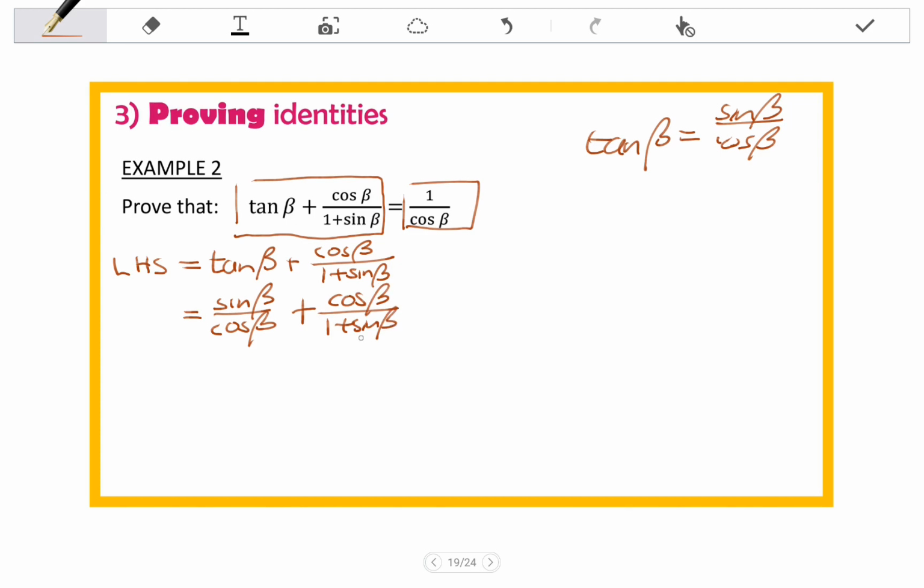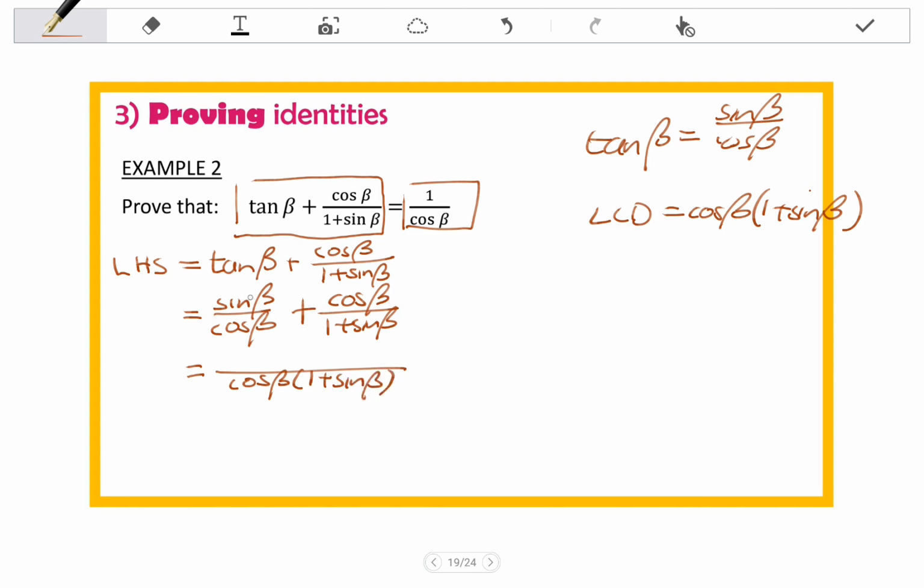Now I have a fraction plus a fraction. I'm going to write it all as one fraction with the lowest common denominator, which is cos beta times 1 plus sine beta. So every denominator is represented there. So let me just write that down.